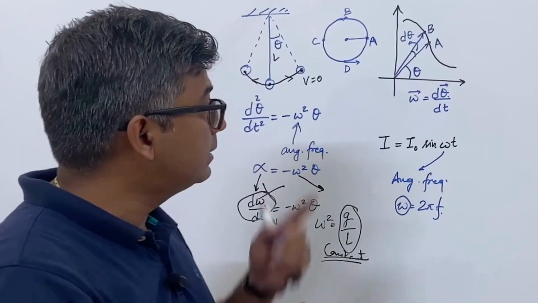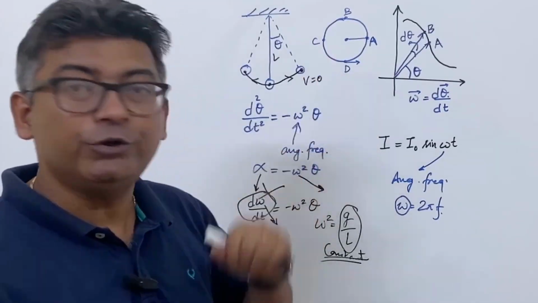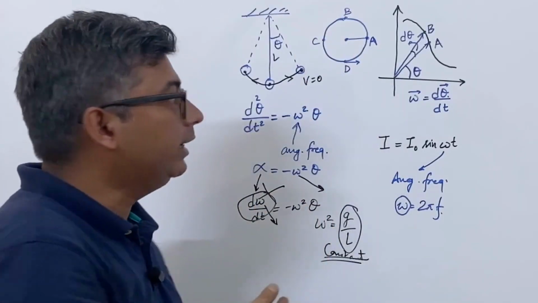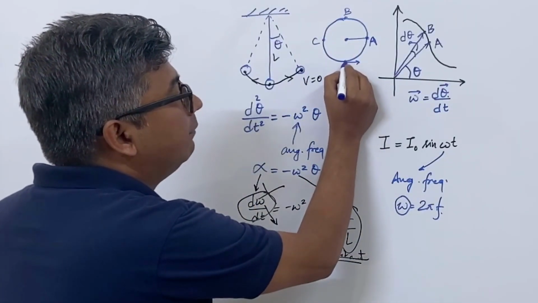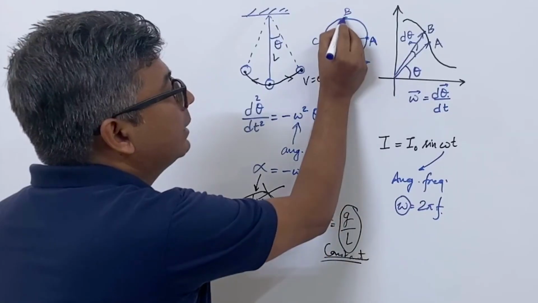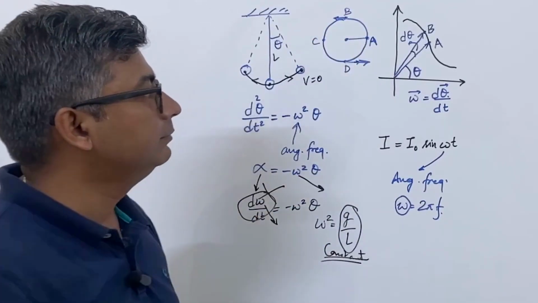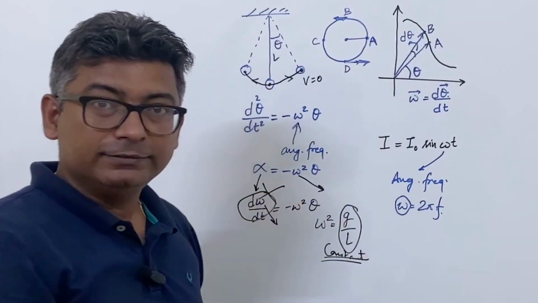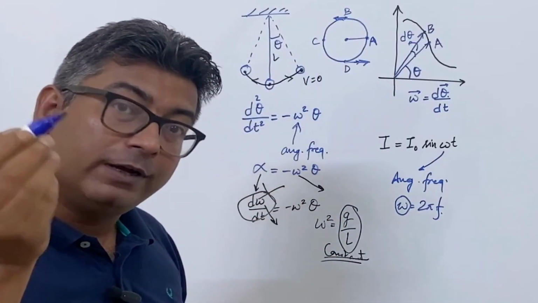Now, in a similar case, when this is a non-uniform circular motion, let's say gravity is acting upon it, we know that the velocity here will be much higher compared to the velocity at this point. That means velocity at every point is changing, and so is the angular velocity.